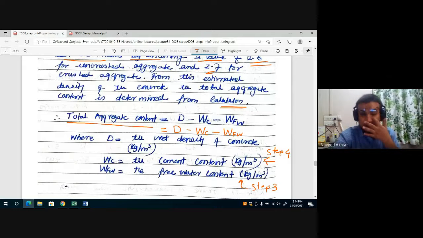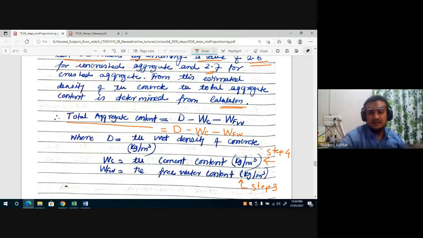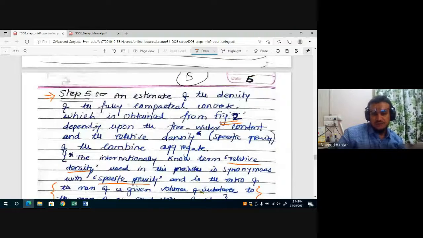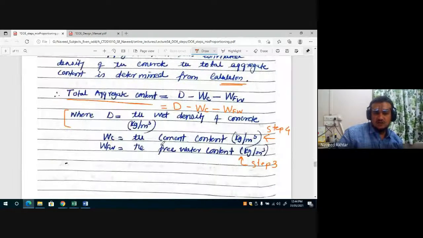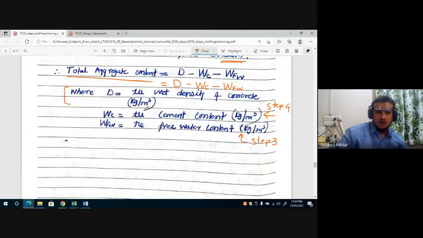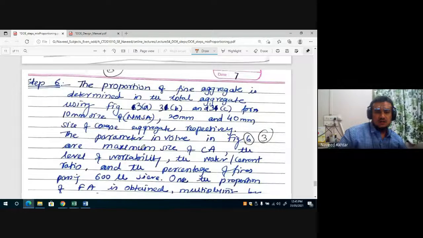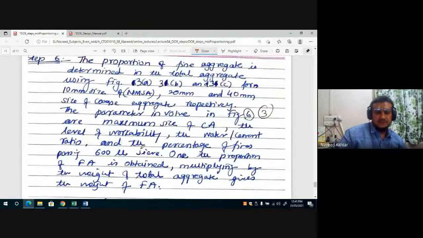Using these two steps, you know the cement content and the water content, and from the wet density of concrete, which you just found from figure number 2, if you subtract these two values, you will get the total aggregate content.